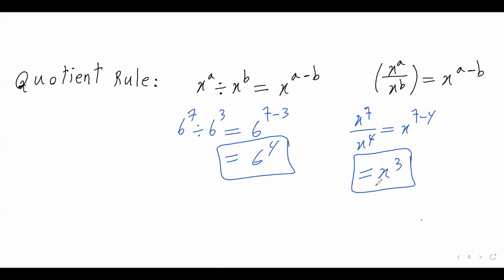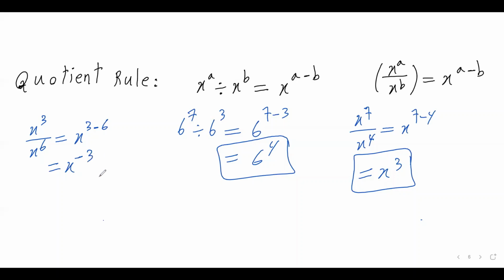That's our answer. How about this one? If I have x to the power of 3 over x to the power of 6. Same thing, I have the common base, so I write down one of the bases and I subtract the exponents, the top one minus the bottom one, so 3 minus 6. So this equals x to the power of negative 3.